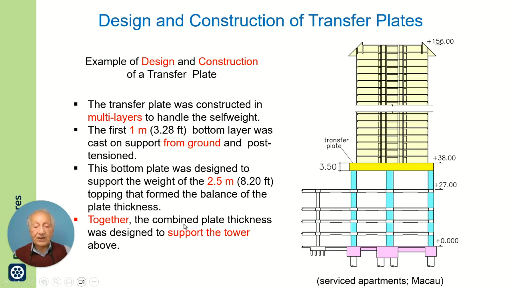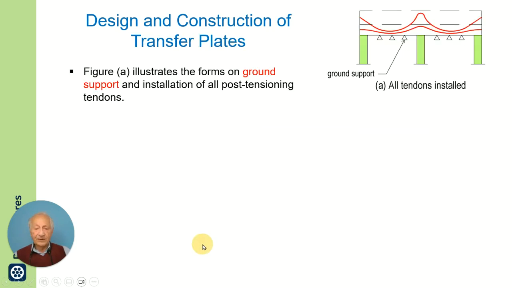Together, the combined plate thickness, the bottom and the top, is designed to support the weight of the entire floor building. Now, this figure illustrates the forms on ground support.